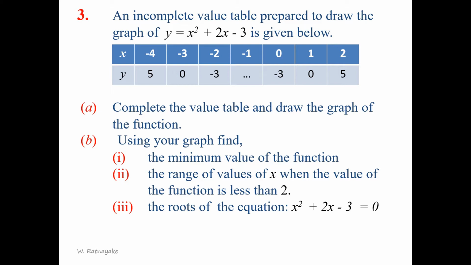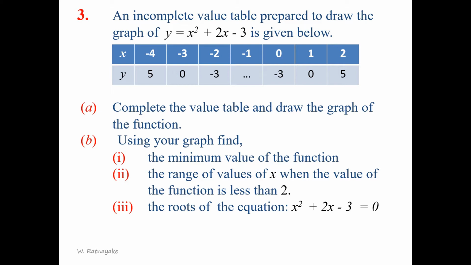The function is given. So using that function, we can substitute the value of x, that is minus 1. Then you can simplify it. The function is x squared plus 2x minus 3.